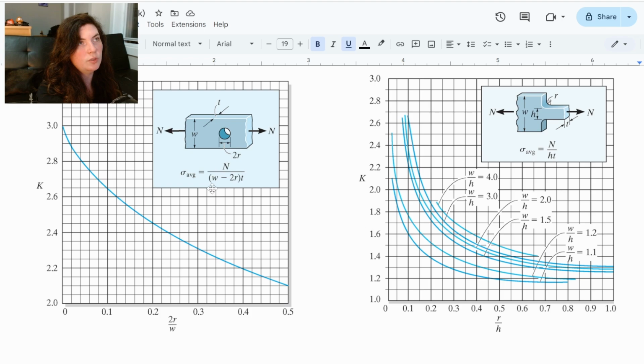Now you'll notice they also give me in here this average stress calculation, right? We know it should be the force over area, but here it really takes the guesswork out of what that cross-sectional area is because it tells us it's W minus 2R. So it's just this little bit of width here times T, the thickness of the thing.